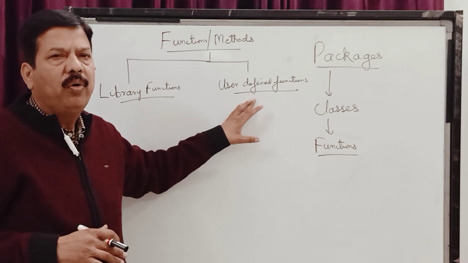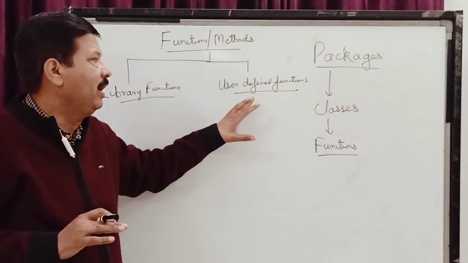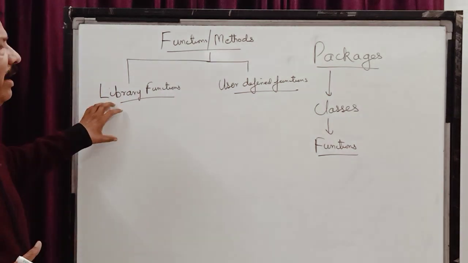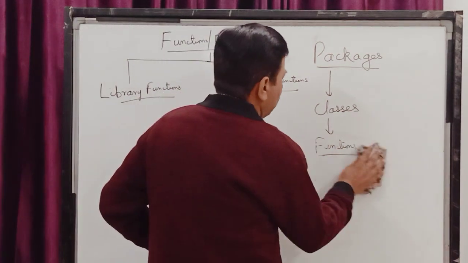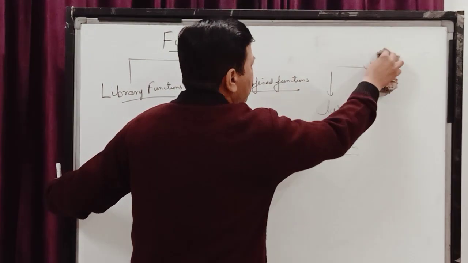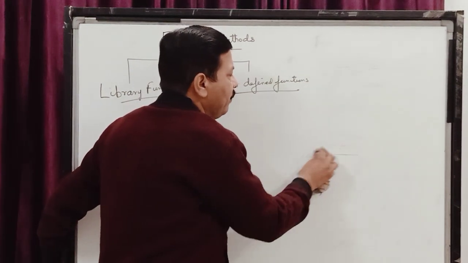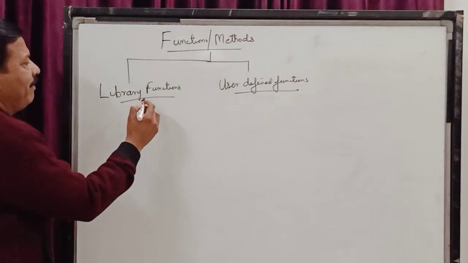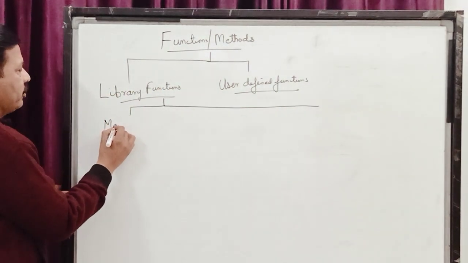The first program in Section B of Java programming is on user defined functions only, as we have seen in the last few years, and we even get some programs on library functions. So today we are going to study library functions, which are ready-made functions available to us. These functions are divided again into different parts, and they are called mathematical functions.